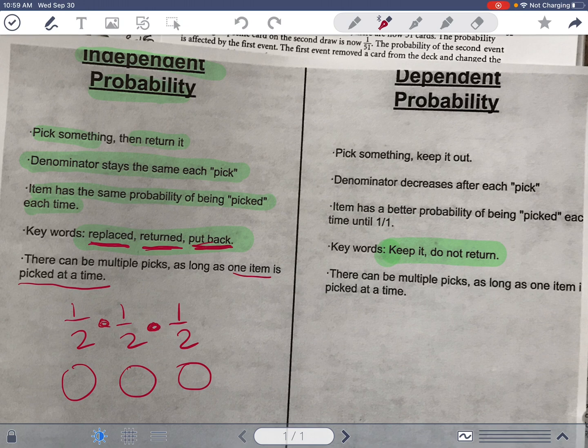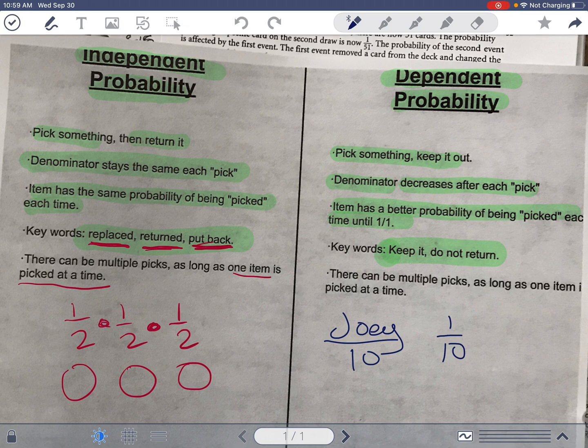That's independent. Dependent is you pick something and you keep it out. So that means the denominator decreases after each pick. The item has a better probability of being picked each time. So let's say, for instance, I have 10 different kids in my class. If I pick Joey, there's only one Joey out of the 10, so that's 1 out of 10.